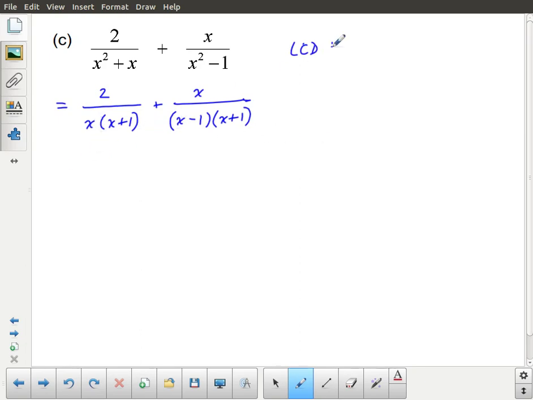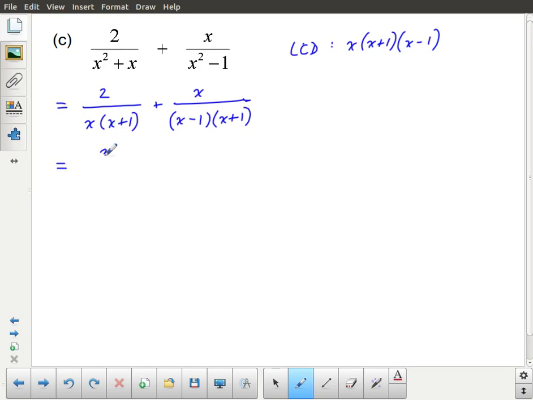So an x has to be represented, and it's not represented anywhere else. So we've got that x. We've got an x plus 1, and it is represented to the power of 1 in both of the denominators. So that's all I need. And then we have an x minus 1, and it's only represented here. But now this common denominator represents all possible factors in the denominators.